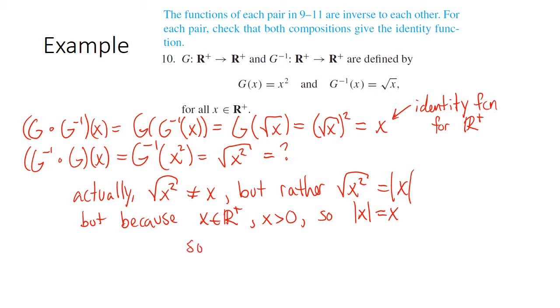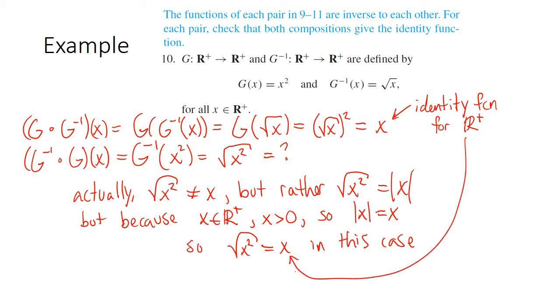So we do get that the square root of x squared is x in this case, but only because we were looking at R plus, in other words, the positive real numbers. Otherwise, this would not work. So in this case, we do get x, which is also the identity function for R plus, the positive real numbers.